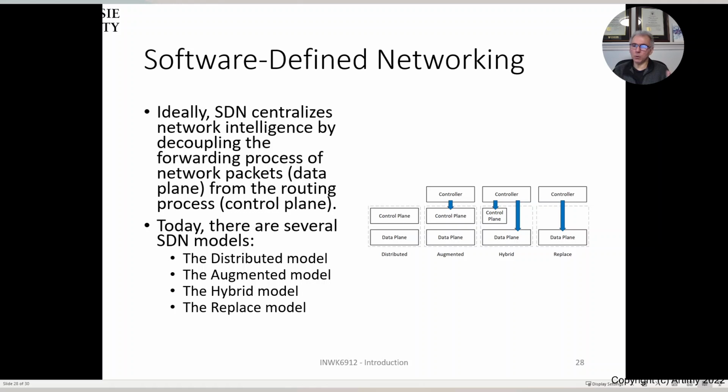Basically, all of them work the same. The idea is the same. You have an incoming packet. You want to forward it to one of the available other interfaces, right? Which interface? That is the data plane's responsibility.